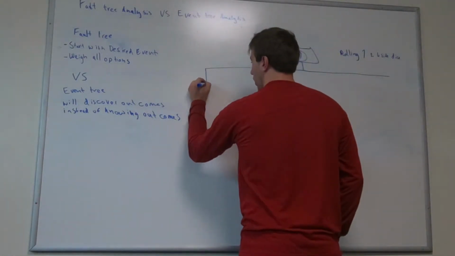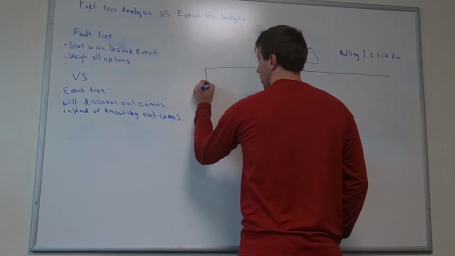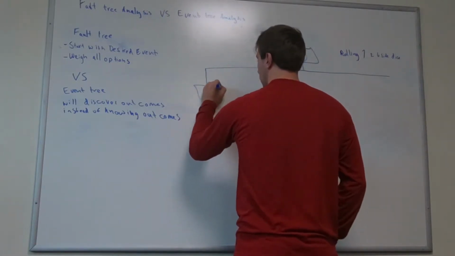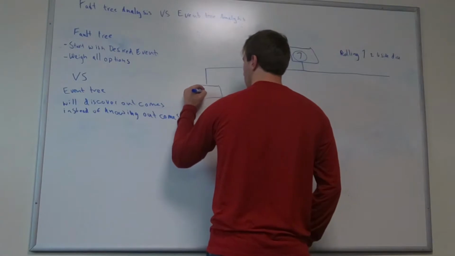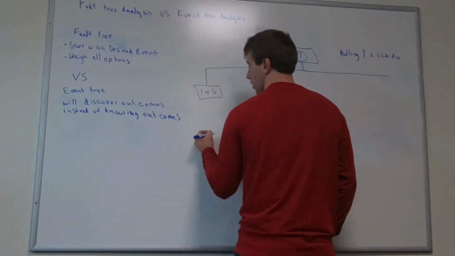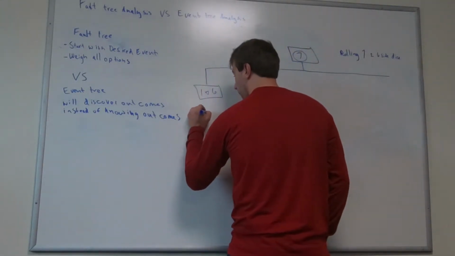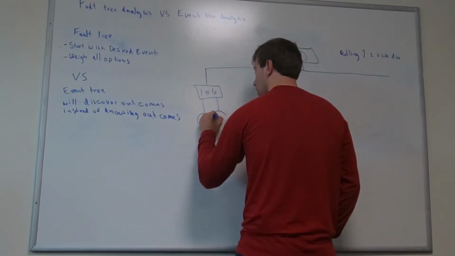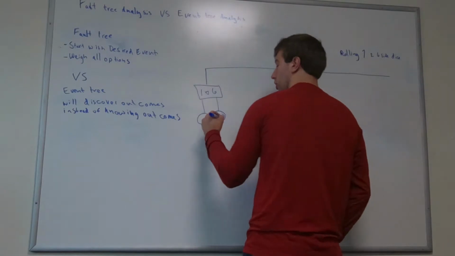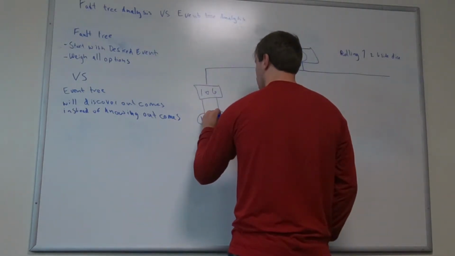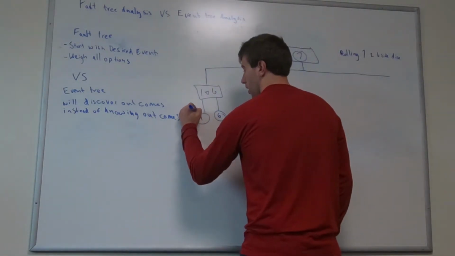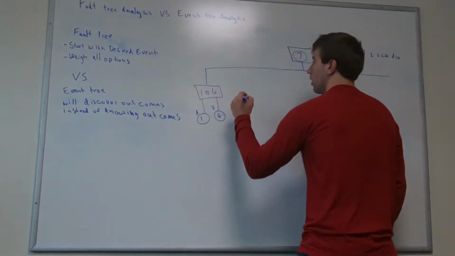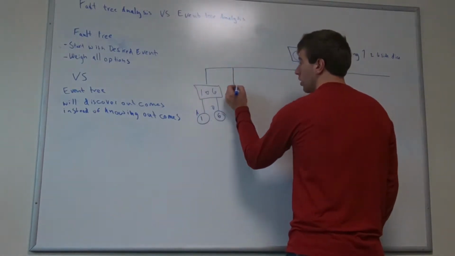So we can roll a 1 and a 6. Dice 1 and dice 2. So this one's going to be 1, and this one's going to be 6. So we have A and B, and we have another one here.